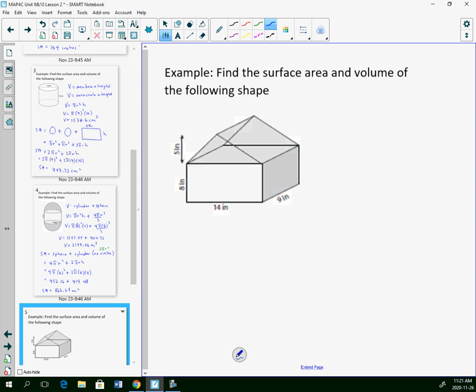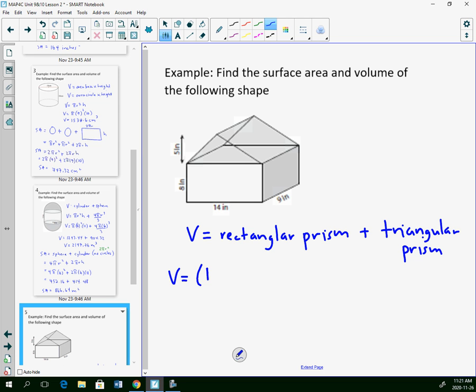Okay, so let's just do this one last question. Find the surface area and volume. Let's do volume first. I have a rectangular prism on the bottom of this, looks like a garage or something, and then the top is a triangular prism. The rectangular prism is just length times width times height.